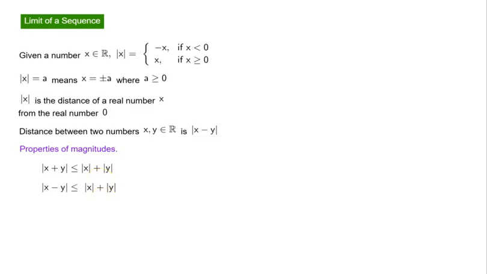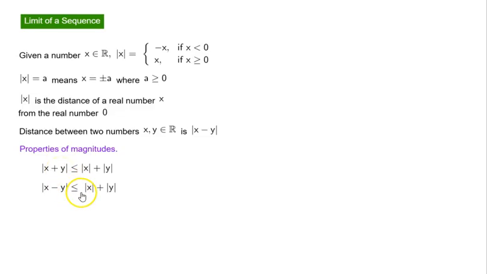Okay. The second one is magnitude of x minus y is less than or equal to magnitude of x plus magnitude of y. How do we justify this? Straightforward. We can convert this x minus y into x plus a negative y. So we end up with this itself.